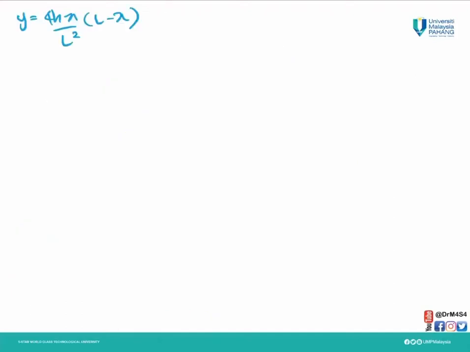From this relationship between vertical distance y and horizontal distance x for parabolic arch, for our case, we know our L is 18 meter and height is 4 meter.